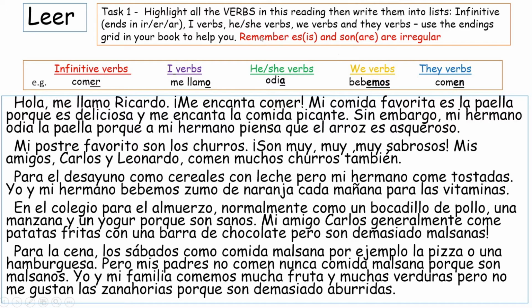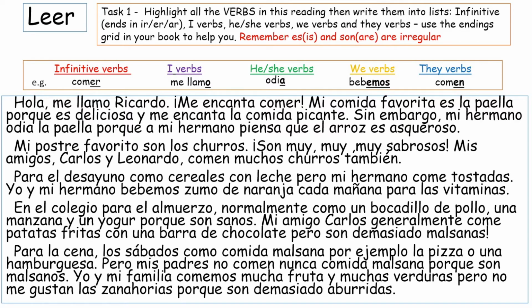Now, just a reminder, the verb es, which means is, and son, are, come from the verb ser, to be. You've probably forgotten that we did that quite a few months ago. And those are irregular, because ser, to be, is an er verb. So really, it should be se, he is. But it isn't, okay? So those are irregular.